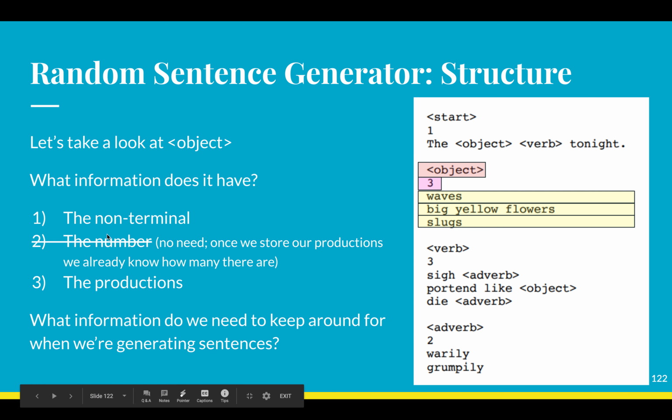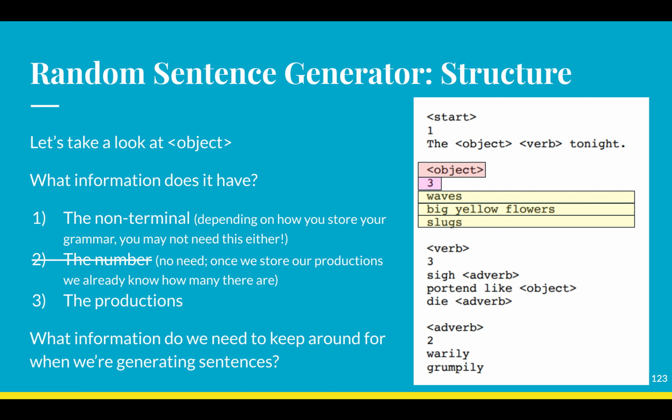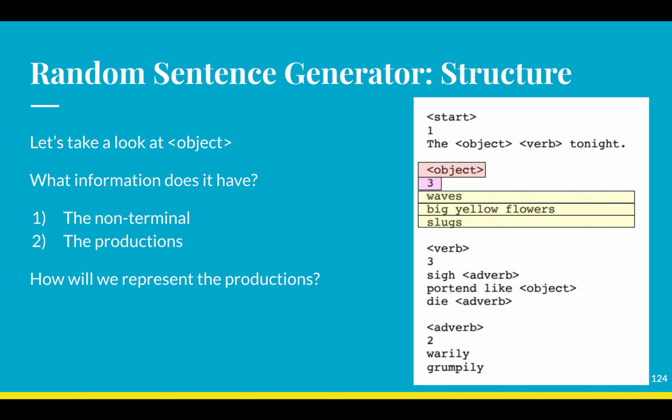We don't actually need the number, because if we're storing 3 expansions or productions, then we know there must be 3 expansions for object, so we implicitly store it. So basically we need the non-terminal, which is object, and the productions, which are these 3 things right here.